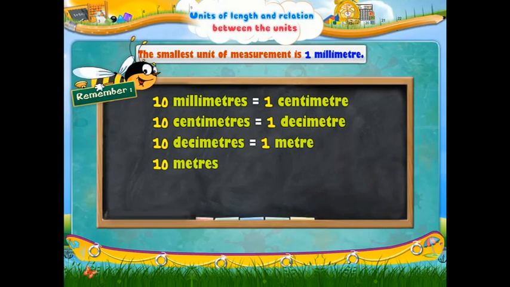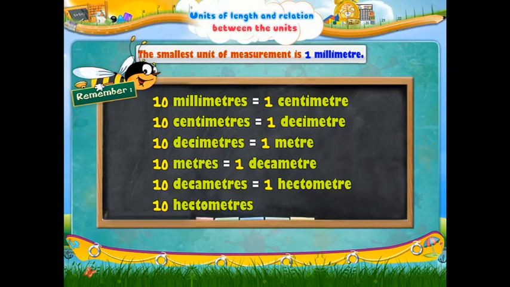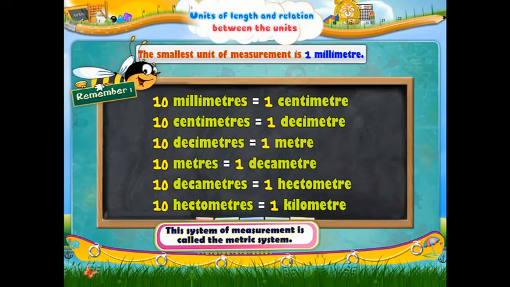10 meters is equal to 1 decameter. 10 decameters is equal to 1 hectometer. 10 hectometers is equal to 1 kilometer. This system of measurement is called the metric system.